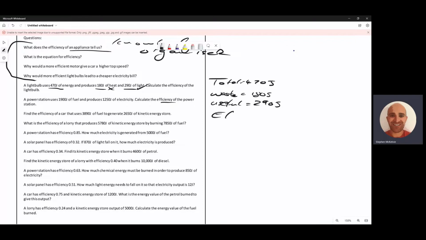Calculate the efficiency of the light bulb. Efficiency equal to, I do not know how many. I'm going to write down my equation. Efficiency will equal useful divided by total.